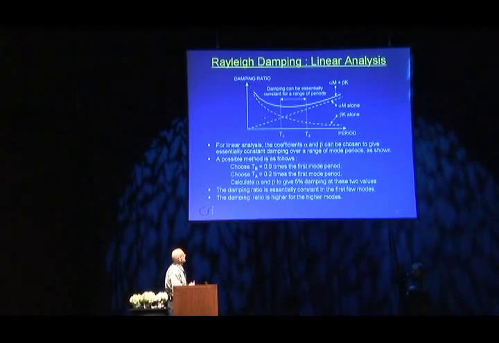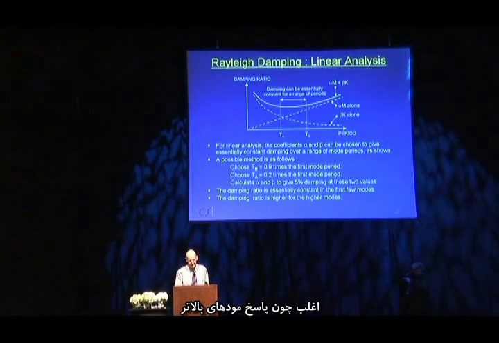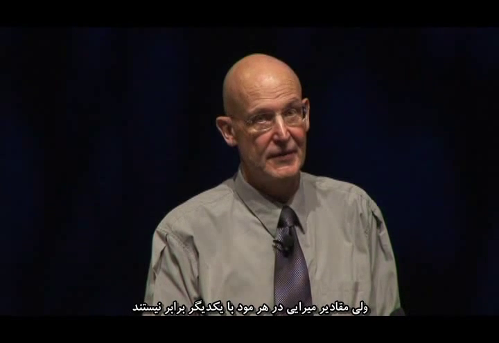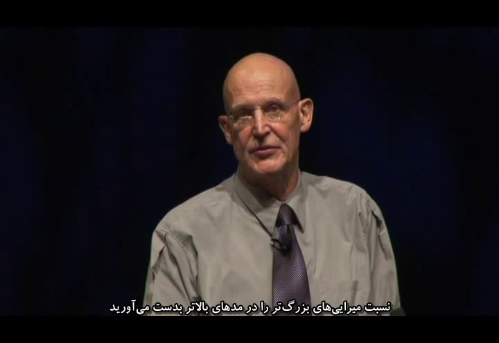For shorter periods, you get progressively heavier damping because of the beta K effect. Often the response from the higher modes isn't very significant, so the fact you damp them out may not matter too much. But it's not the same damping ratio in every mode. You're getting higher damping ratios in the higher modes.